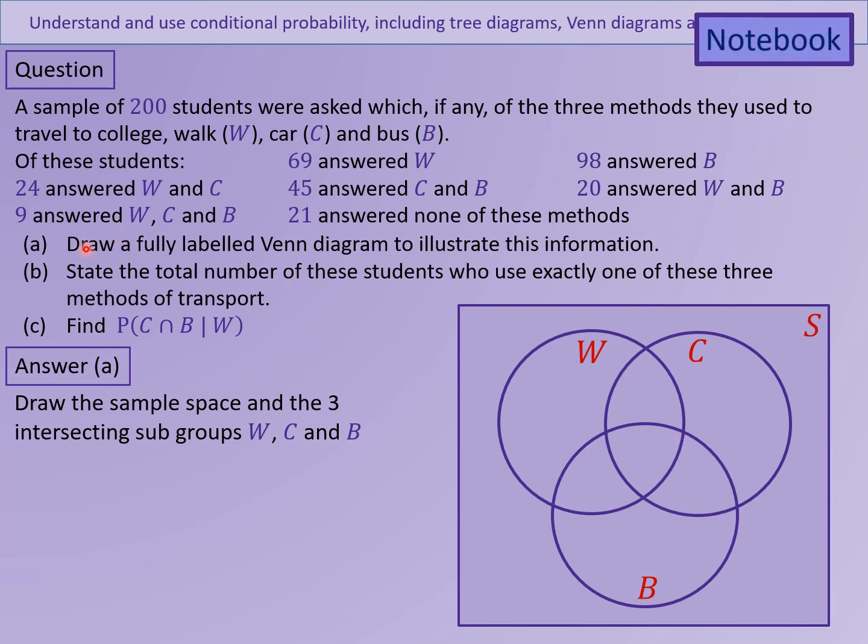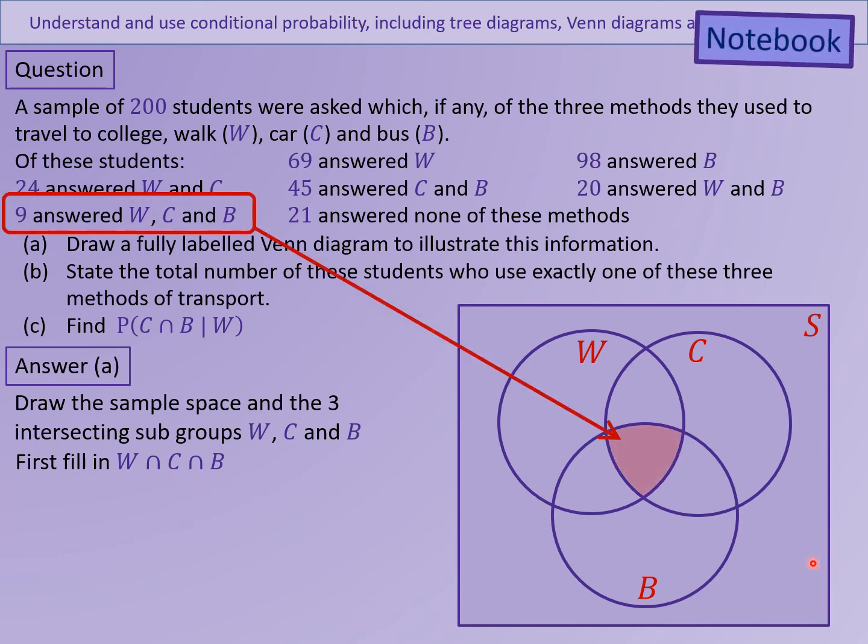The only bit we can actually fill in is this part just here: 9 students said they do all three, because the only one that's all three is that group in the middle, the W and the C and the B. So I can definitely fill in that part just there. It's very easy to look at something like that and think that is only the C and B and therefore put that 45. You need to be really, really careful. So there's our 9 in the middle, sorted and filled in.